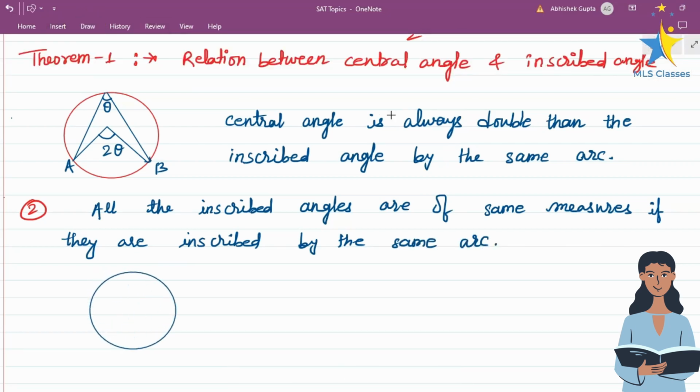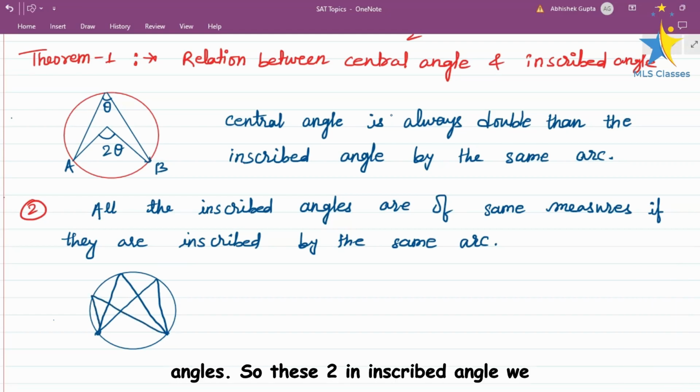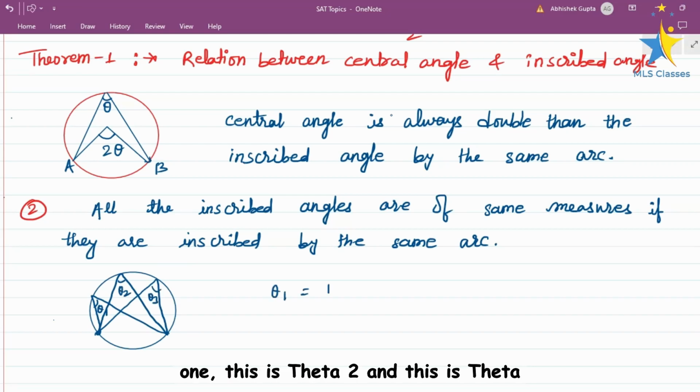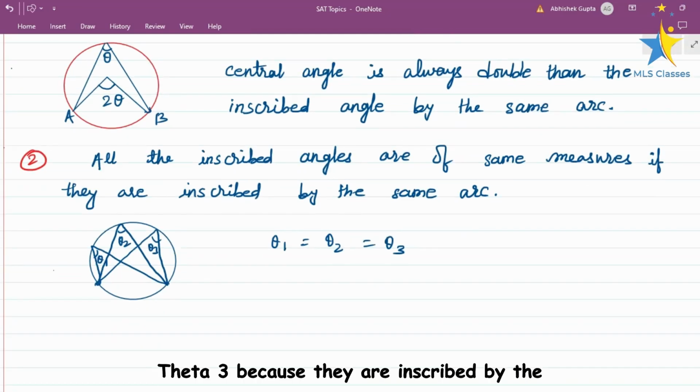For example, suppose this is the arc we are taking. From this arc we can have many inscribed angles. Suppose this is theta 1, this is theta 2, and this is theta 3. Then all will be equal. So theta 1 is equal to theta 2 is equal to theta 3 because they are inscribed by the same arc.